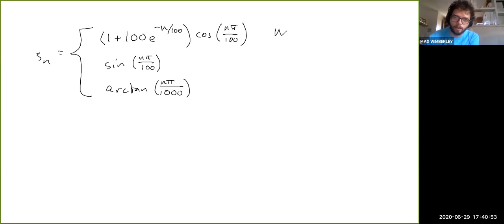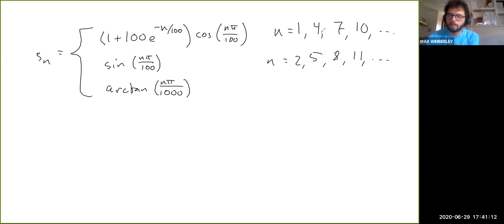So this is when n equals 1, 4, 7, 10, and so on. This is when n equals 2, 5, 8, 11, and so on. There are words for this: this is when n is 1 mod 3, this is when n is 2 mod 3, and this is when n is 0 mod 3, so 3, 6, 9, 12, and so on.